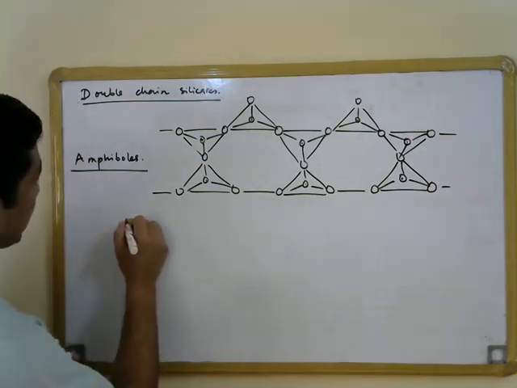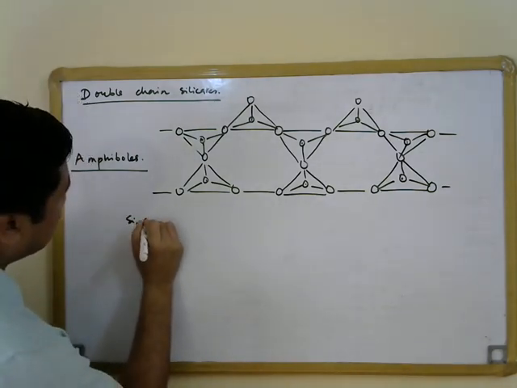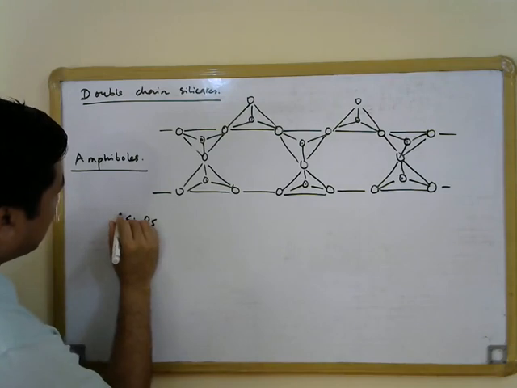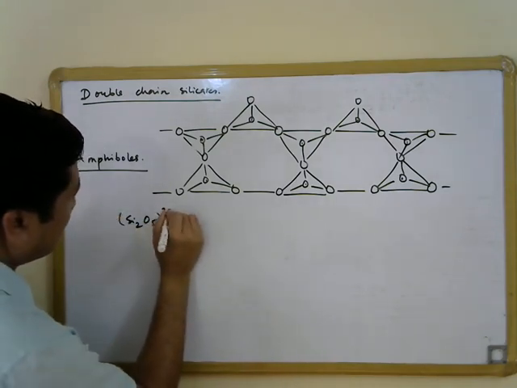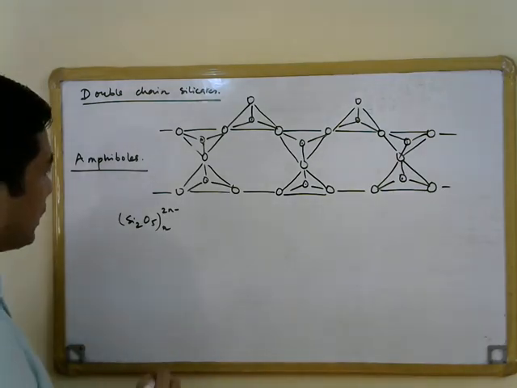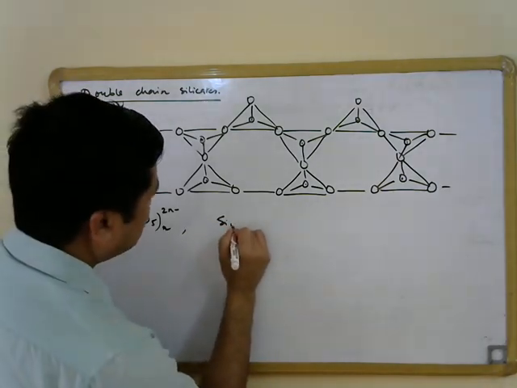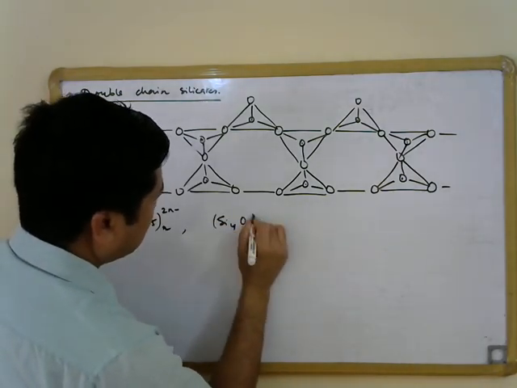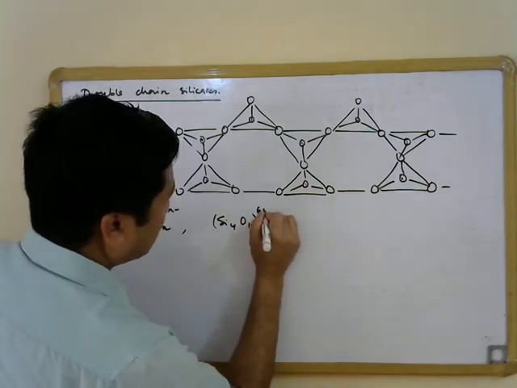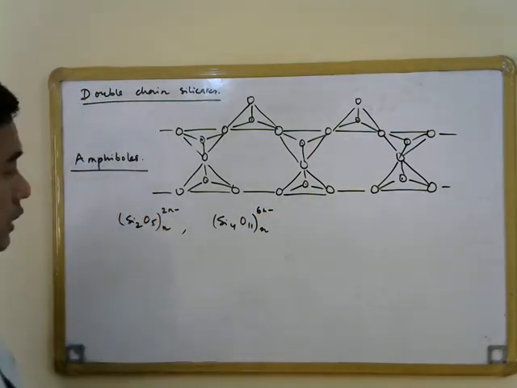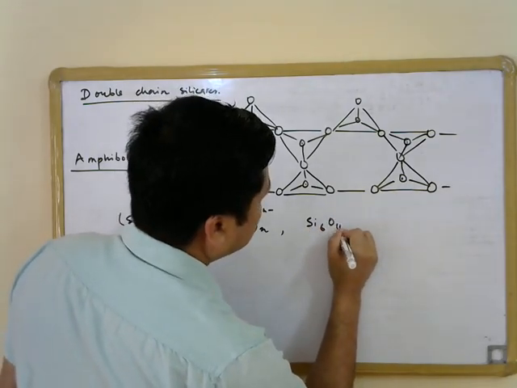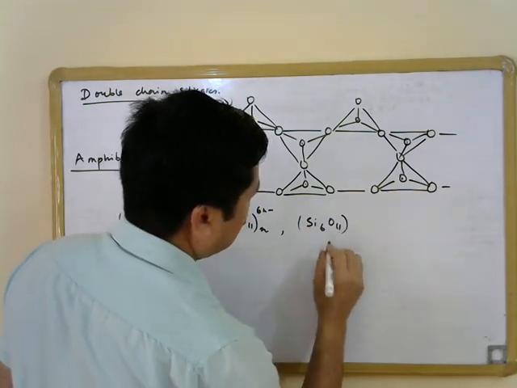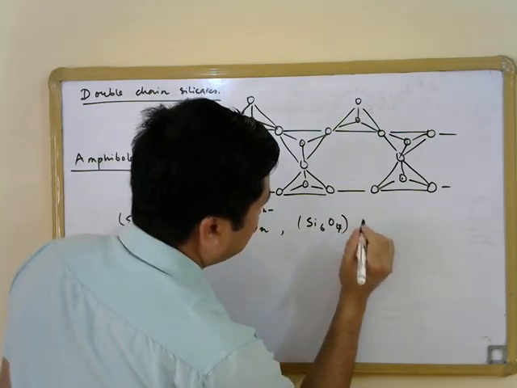So we have chain structures which are based on one composition, as well as chain structures which have another composition as well, and chain structure, sorry, this is 17.